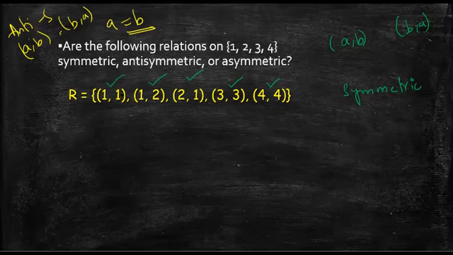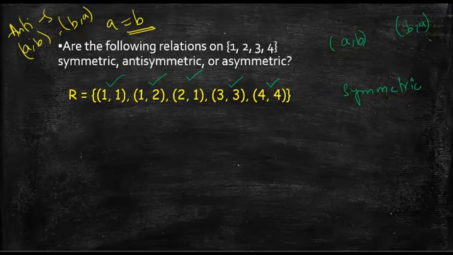We have 1 comma 1, 1 comma 1 and A is equal to B. So this is valid with respect to antisymmetric. But what about 1 comma 2? Is A equal to B? No, in this case it is not. So it is not antisymmetric. And what about asymmetric? It is the opposite of symmetric. So if a relation is symmetric, it cannot be asymmetric at the same time.